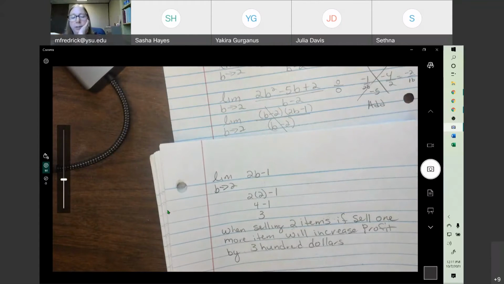So average rate of change tells you between 2 units, where instantaneous tells you if you go one more. Is there any questions on that? MyMathLab might introduce another term, although it should be in the next section.